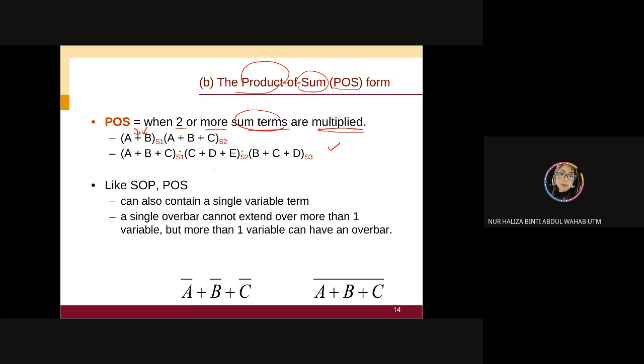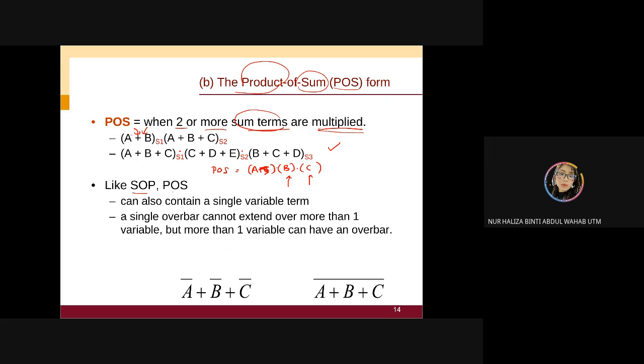So you're going to have also POS equal to A plus B, C. This is also POS. Although there is only one variable here, you still multiply it. It's called a POS.